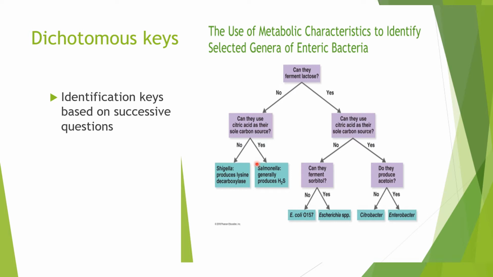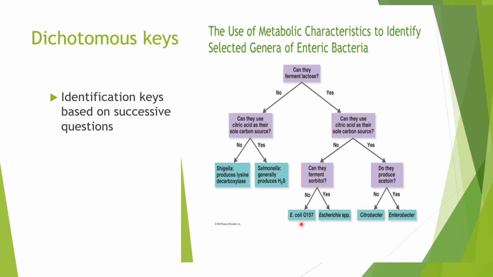And again, you keep answering the questions yes, no, until you figure out the bacteria that you are looking at. So right here, you can ask another question, okay, can they ferment sorbitol? Sorbitol is a sugar alcohol. And again, based on your yes or your no, you can figure out the bacteria.